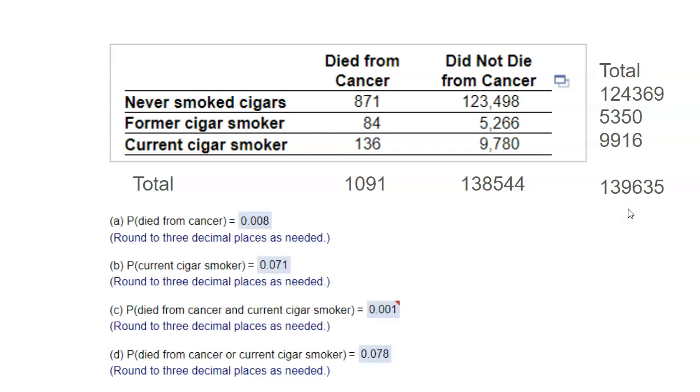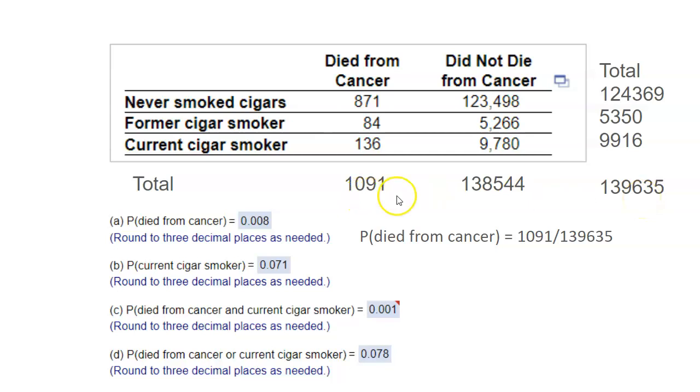So next we have our questions that we were asked, these different probabilities we were asked to compute. The first one was the probability that someone died from cancer. To calculate that probability, we would need to know all the numbers of people who died from cancer, so that's where this total comes in, divided by the total number of people represented in the table.